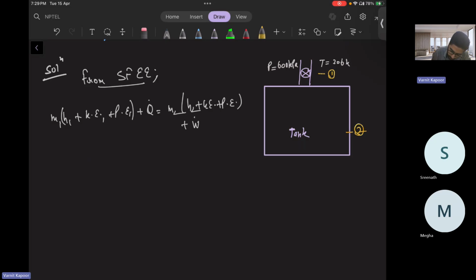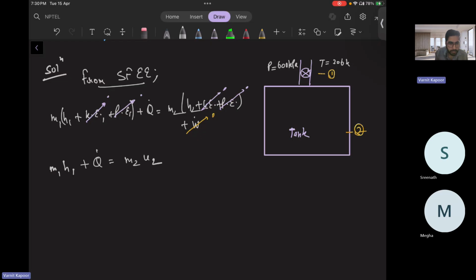There is no work transfer, it's just a filling process. Kinetic energy and potential energy changes are neglected. So you are just left with M1H1 plus heat transfer equal to M2 times H2, and H2 is nothing but U plus flow work. There won't be any flow work later on, because in the filling process there's no flow work. It's only M2 U2, because H is U plus PV.